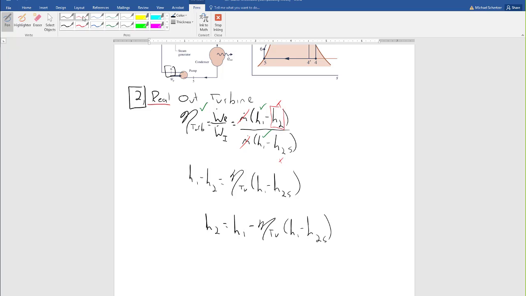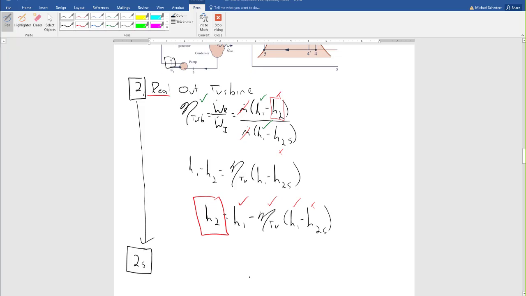Good news here is that we have an expression for the thing we're trying to find, right? The bad news is we've got one equation but two unknowns. So in order to find H2, we need to find H2S.